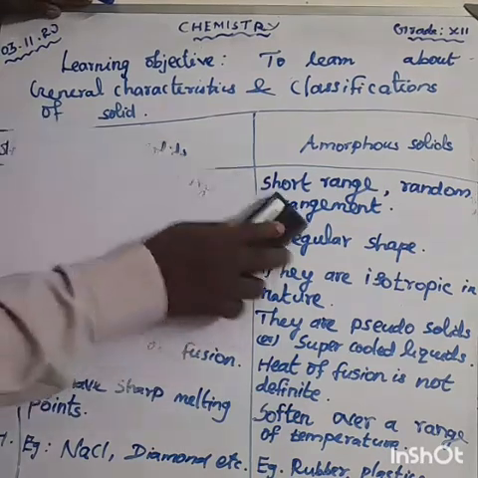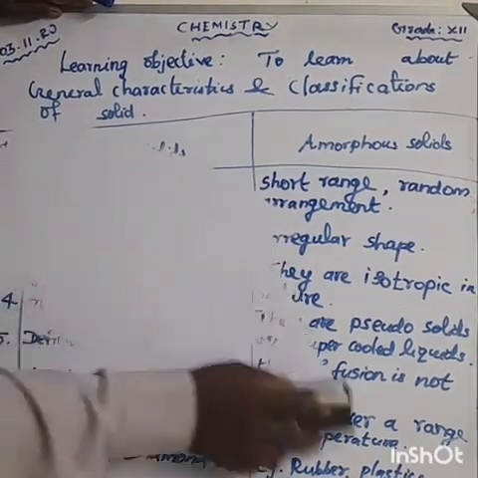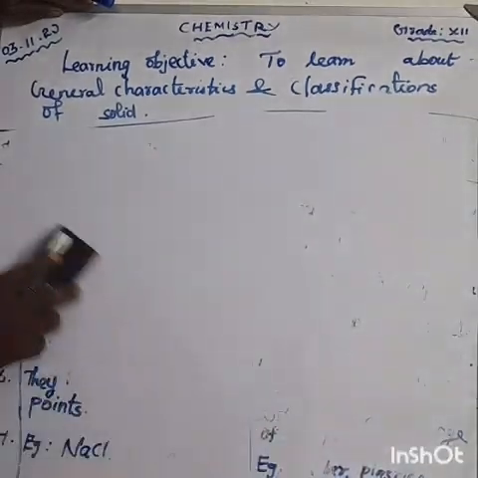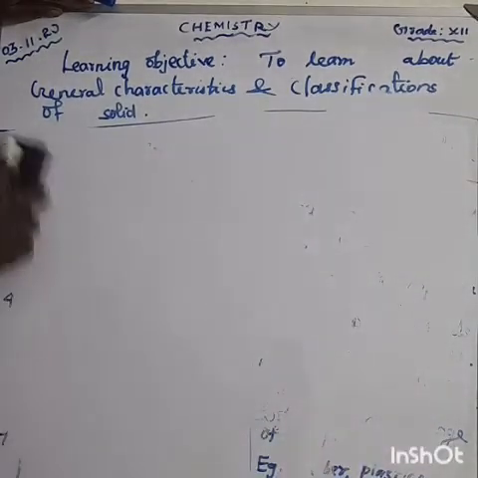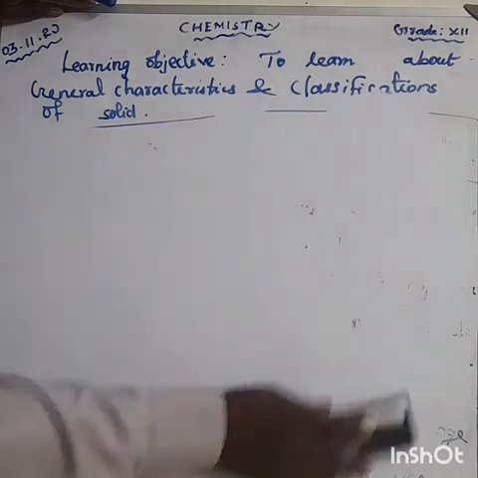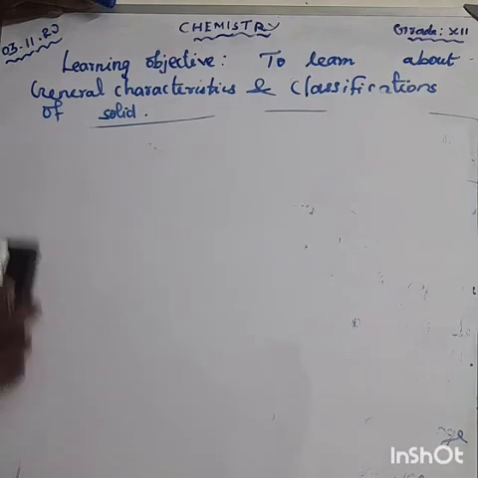What are isotropic and what are anisotropic solids? Here isotropic means uniformity in all directions.